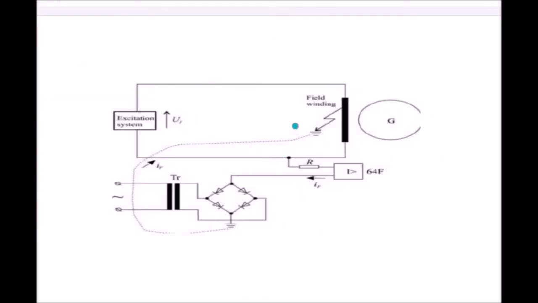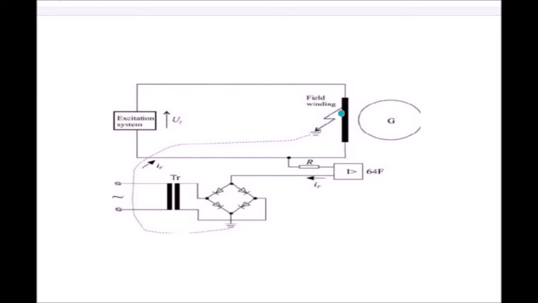See here, this is the field winding present on a rotor, and here a DC voltage is obtained with the help of this bridge rectifier by using an auxiliary AC supply. So a DC voltage is continuously injected into the field winding through this overcurrent relay.